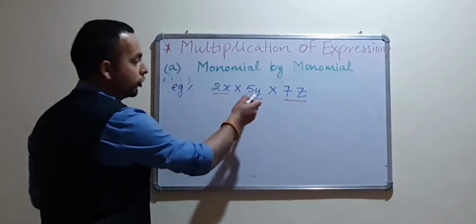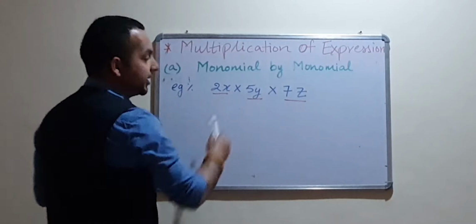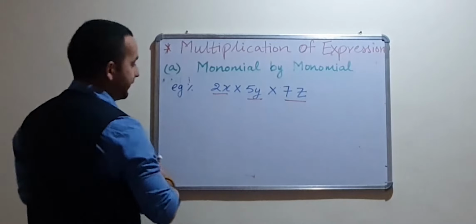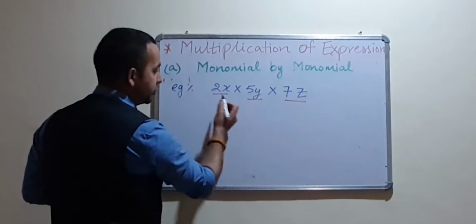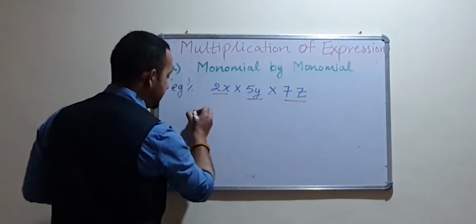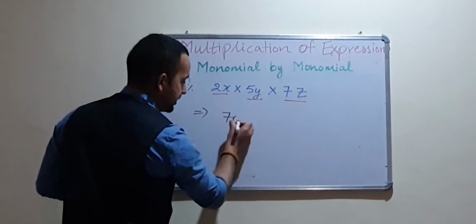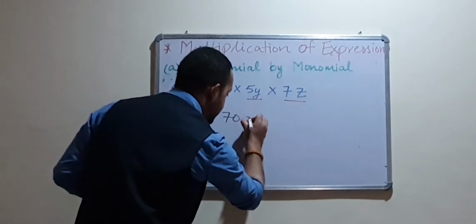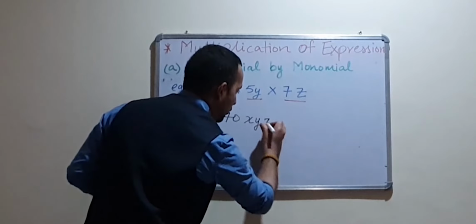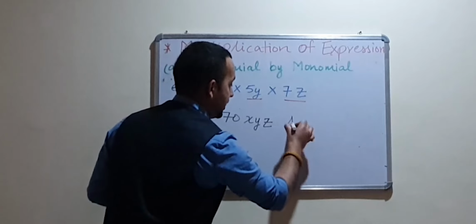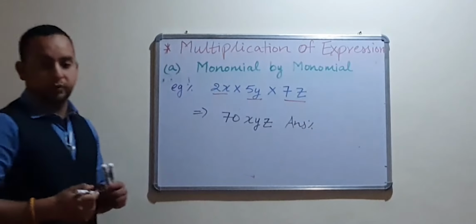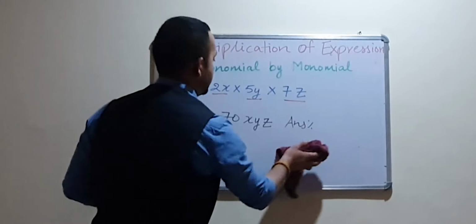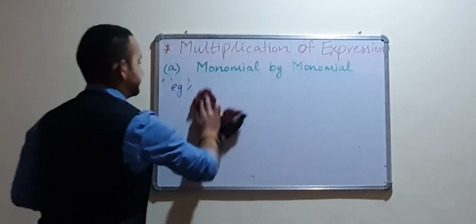This is a monomial. When we multiply three monomials, first of all, we are going to multiply the numbers itself. So the numbers 2, 5, 7: 2 fives are 10, 10 sevens are 70. Then x multiplied by y multiplied by z. So 70xyz is your answer.